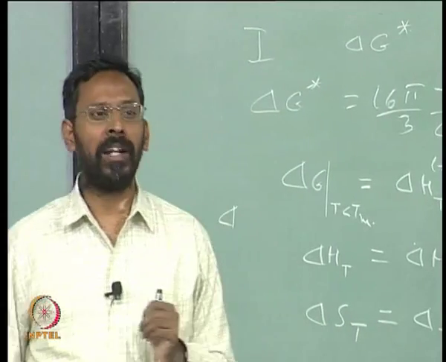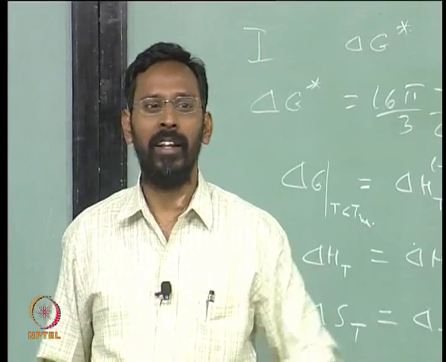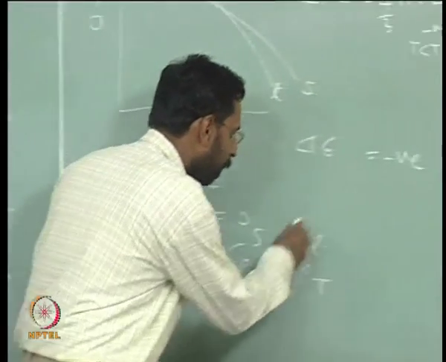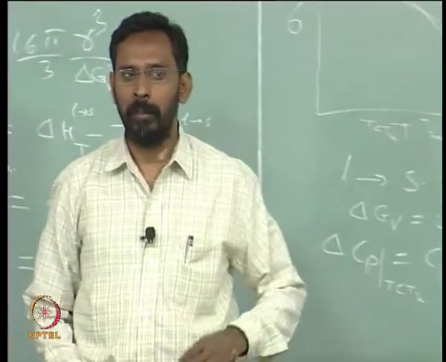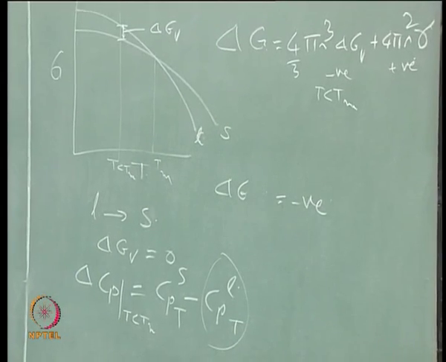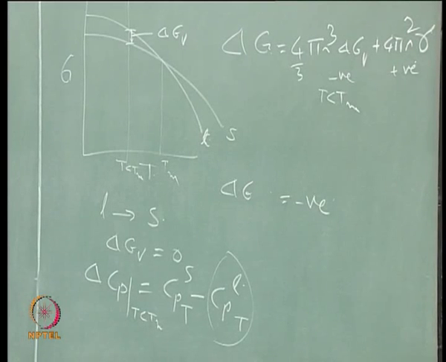In normal metals this is very difficult, you cannot undercool a metallic liquid and then retain it as liquid, and that is where the problem comes, the measurement of this, and that is where many people started making assumptions. The first fellow to assume something is a person by name Turnbull.